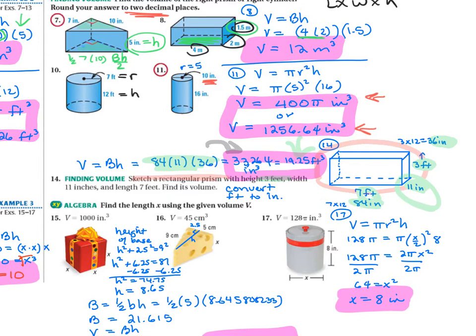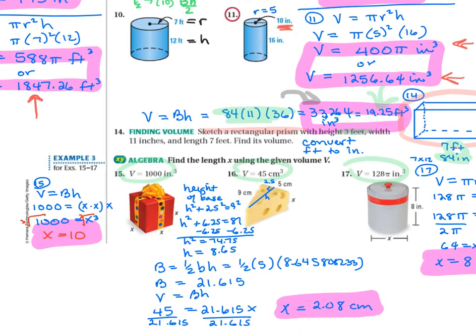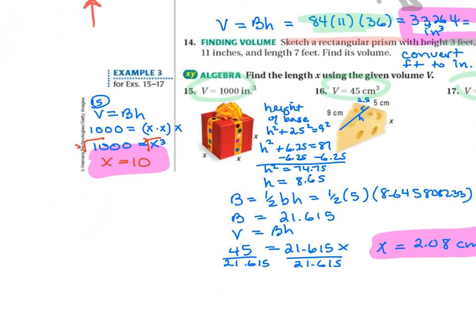All right, so then now 15, 16, and 17, we're working backwards. They've already given us the volume on all 3 of these calculated, and we're looking for a missing piece. So notice number 15 is a present, and it's a cube.